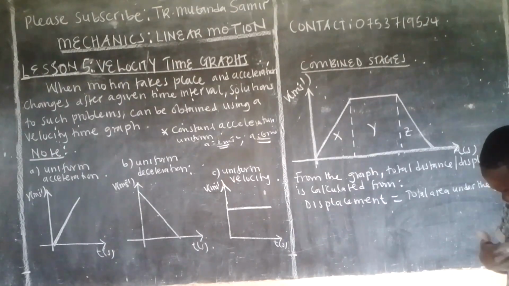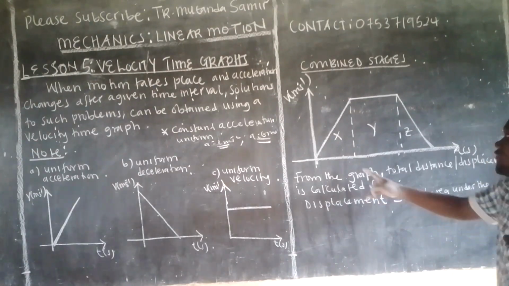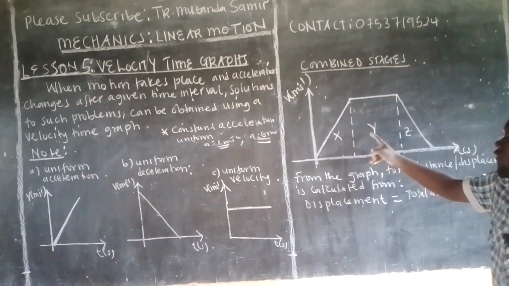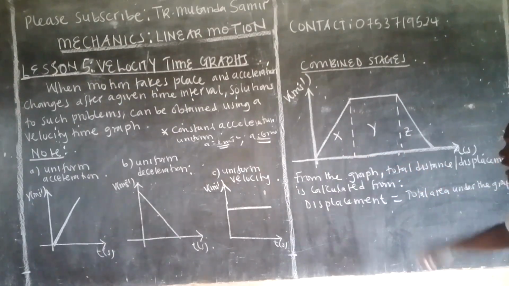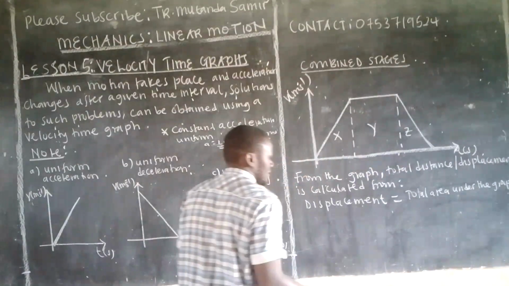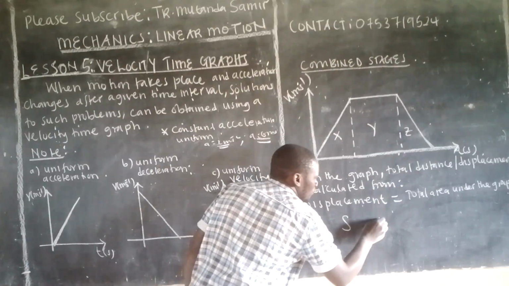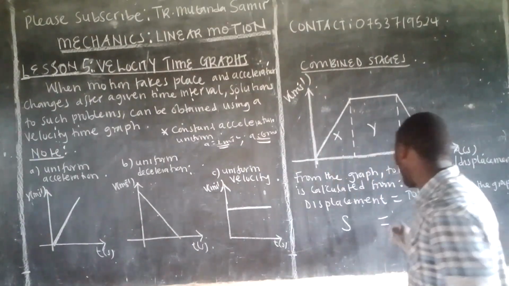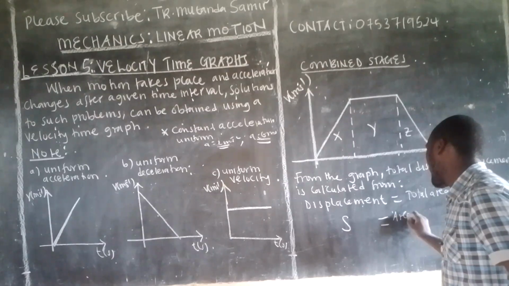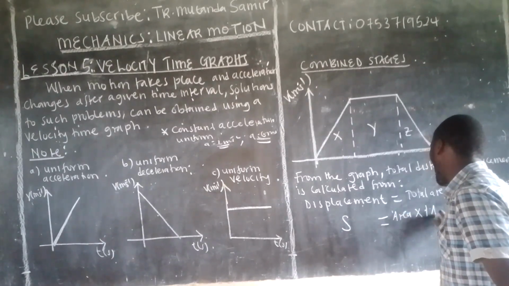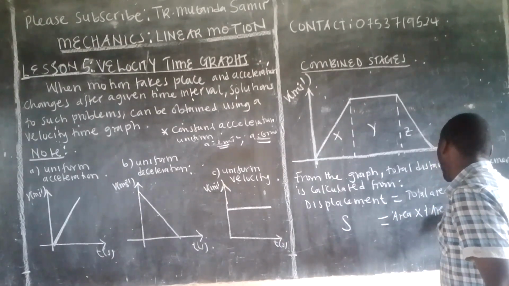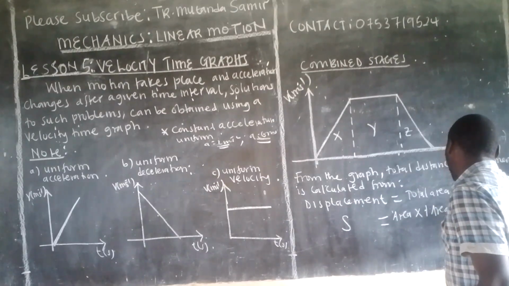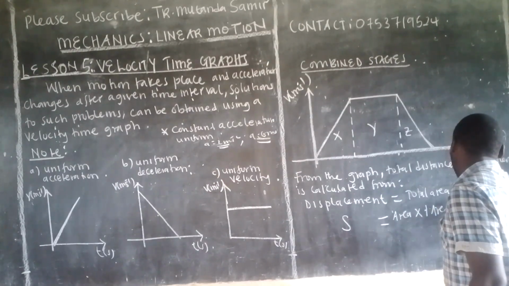That means we have to get the area of X, the area of Y, plus the area of Z. With that, we shall have the total displacement. So the total displacement S will be equal to area X plus area Y plus area Z.